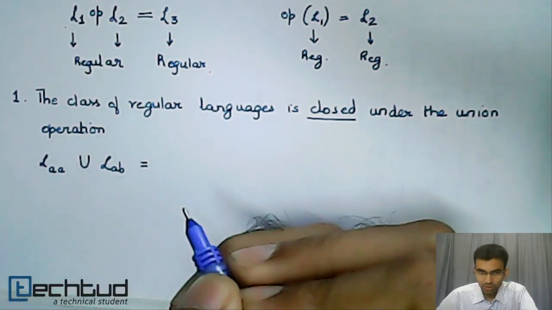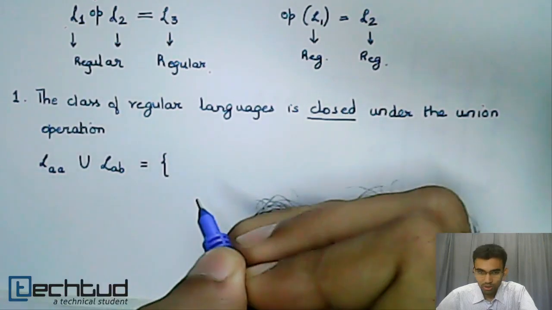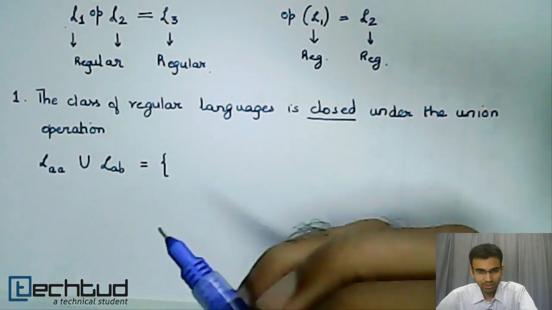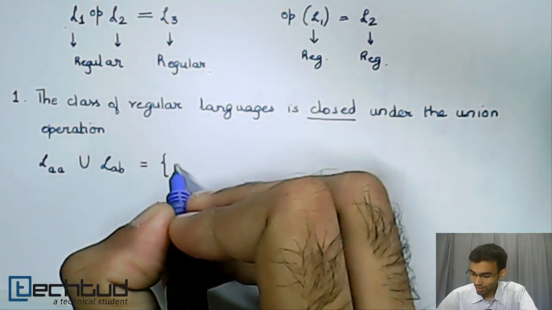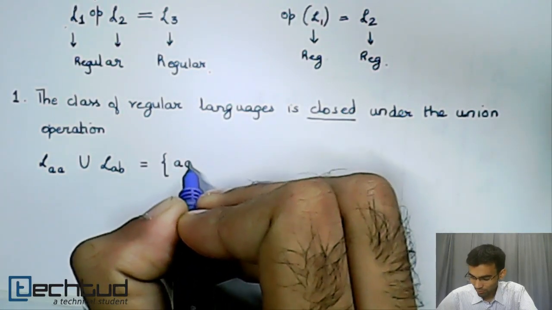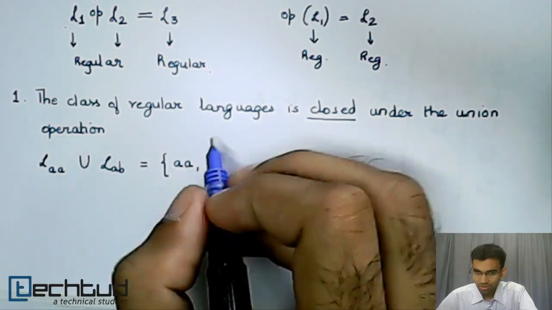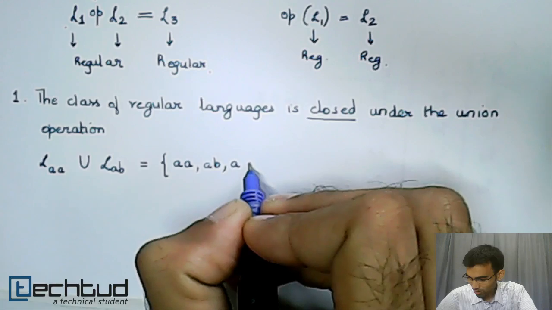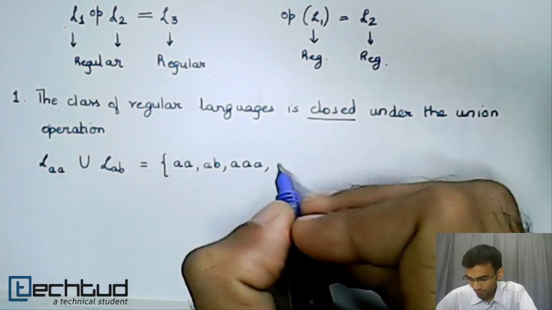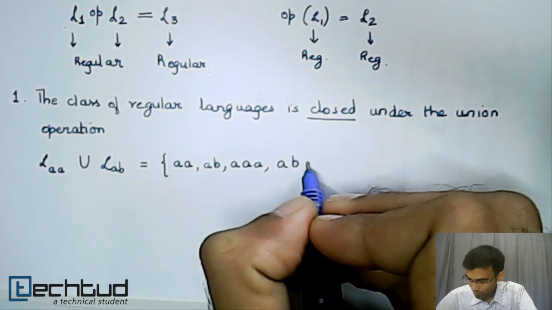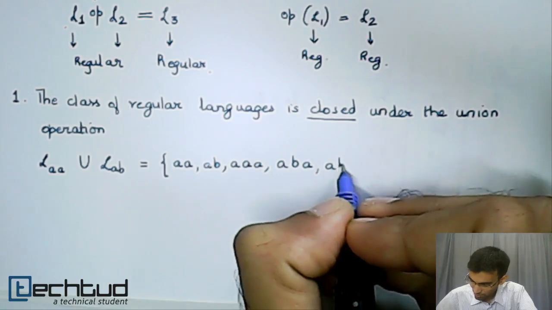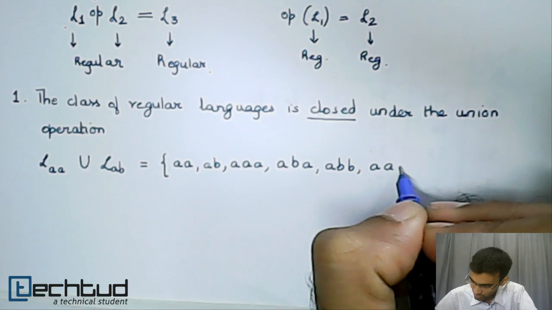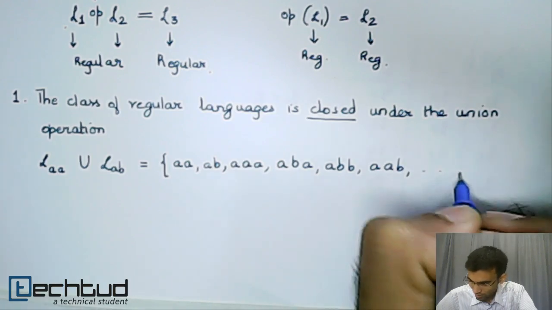What would their union look like? Their union will be all strings that start with an A and end either with an A or a B. So I could have the string AA, the string AB, AAA, AAB, ABA, ABB, and so on.